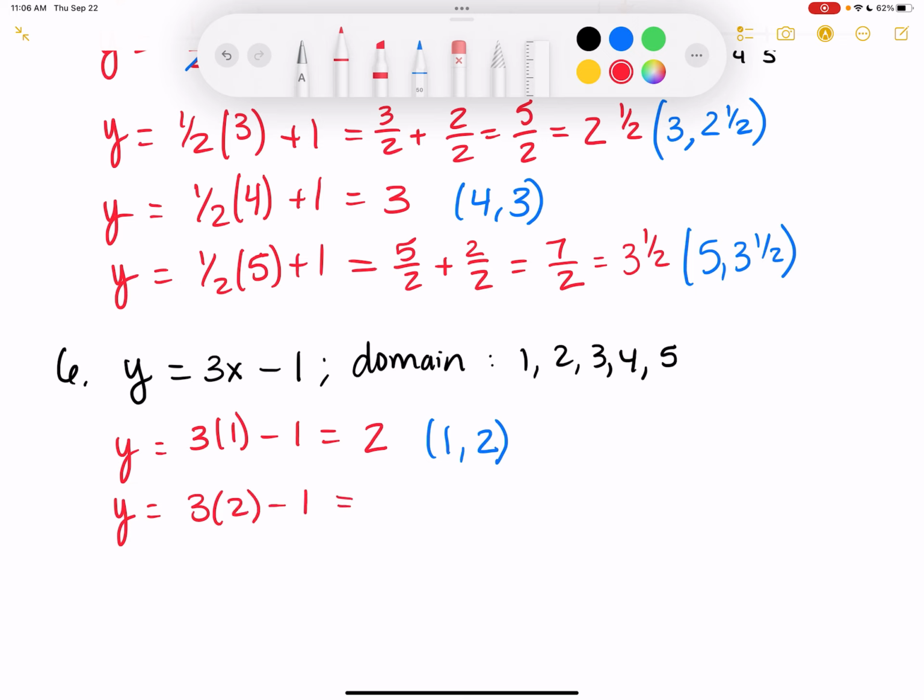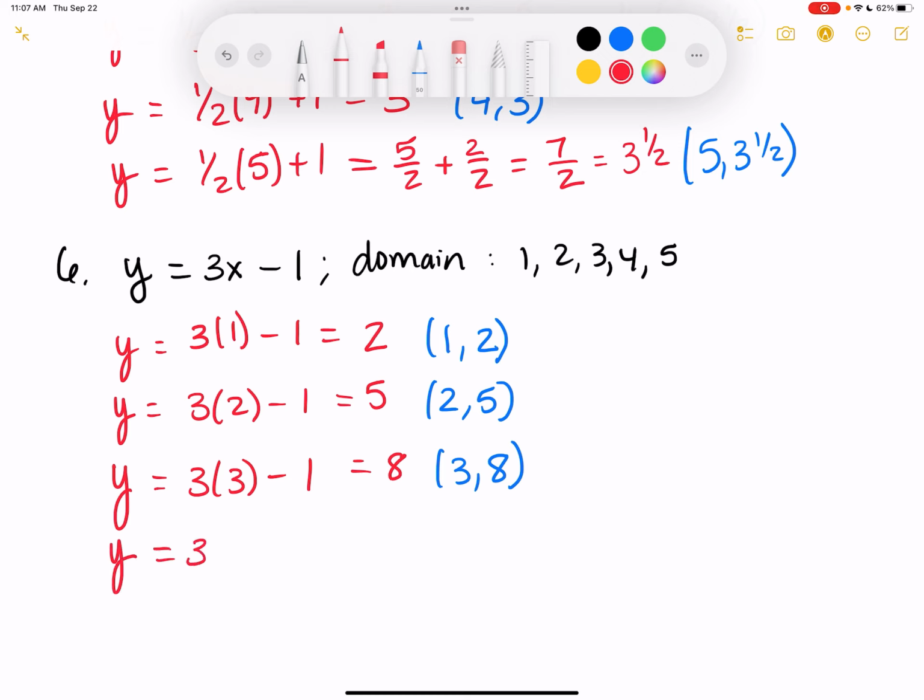What is that one going to be? 5. So this point is 2, 5. Next one, we're plugging in 3. So y equals 3 times 3 minus 1. 8. So that's the point 3, 8.